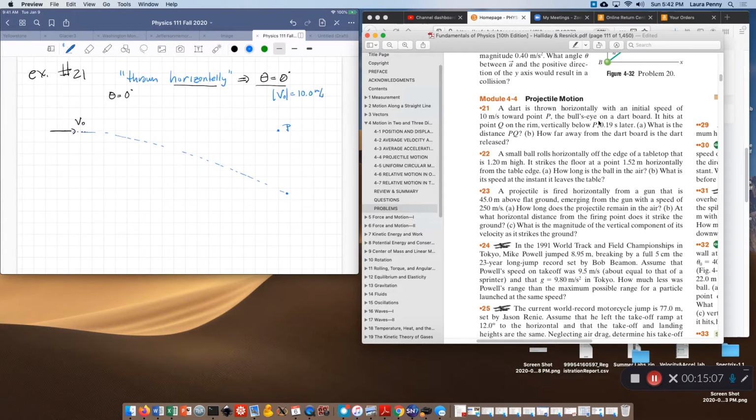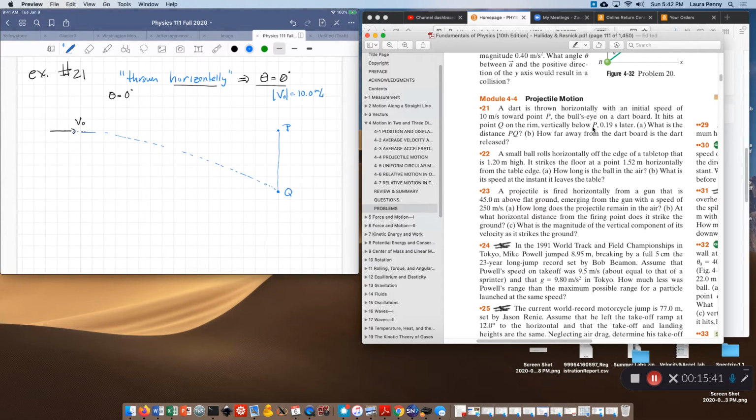So it goes towards the dartboard, but then it actually hits point Q on the rim, which is vertically below P. I think I took this a little too far. So point Q is going to be here, right below P. This is the path I've tried to draw with my dashed line for what my dart is actually doing.